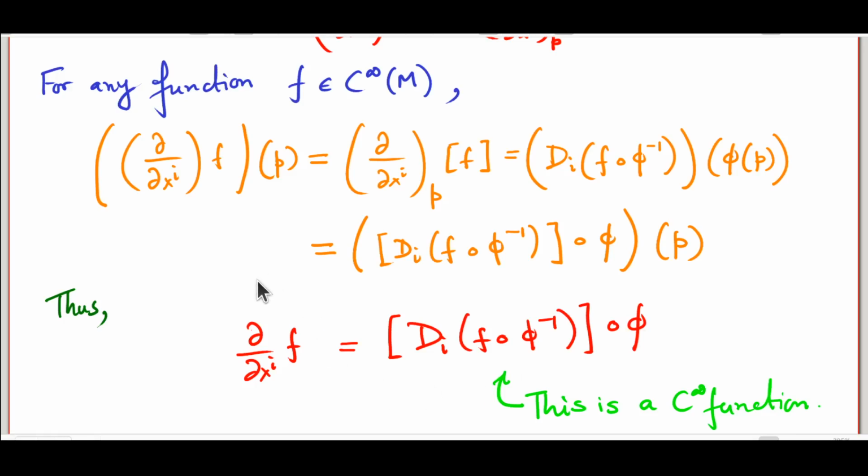So if you look at this as a function on the manifold, its proxy function, del xi f composite phi inverse, is nothing but the ith partial derivative of the proxy function corresponding to f. And once again, let me remind you of something I have said several times during the course of these lectures: the proxy functions are usually the way in which we express functions on a manifold.